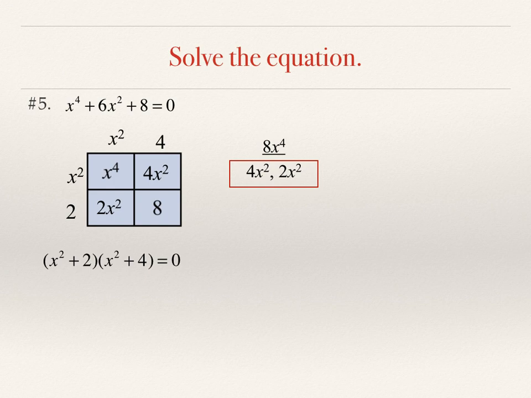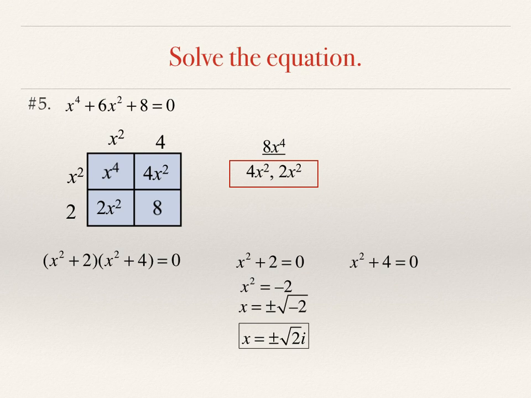And so by applying the zero product property, either the first factor equals 0 or the second factor equals 0. And we'll subtract 2 from both sides of the first equation. We get x equals plus or minus the square root of negative 2. So we rewrite that as an imaginary number, x equals plus or minus the square root of 2 i.